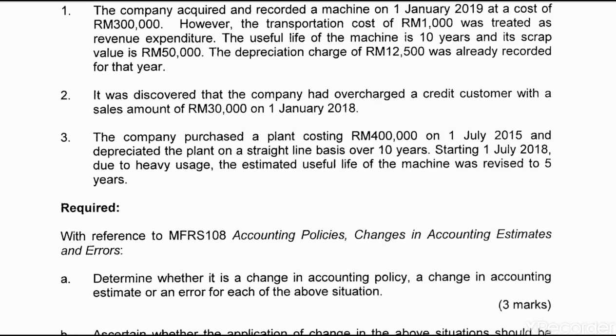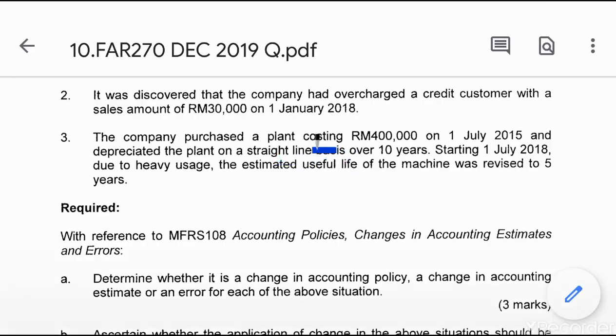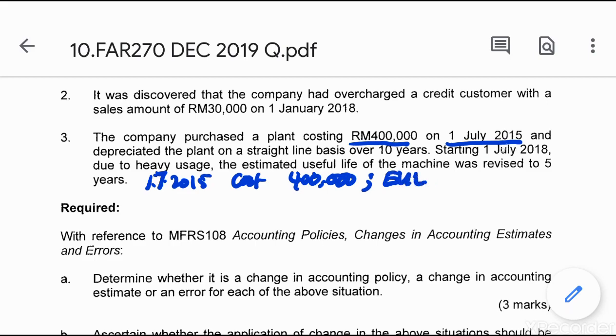So it was purchased on 1st of July 2015, the cost is 400,000, and on this date the estimated useful life of the asset is 10 years, and you adopt the straight line method. Nothing wrong.